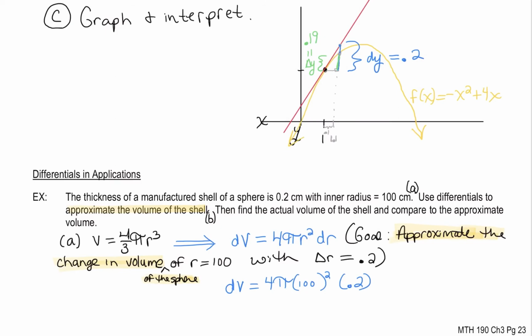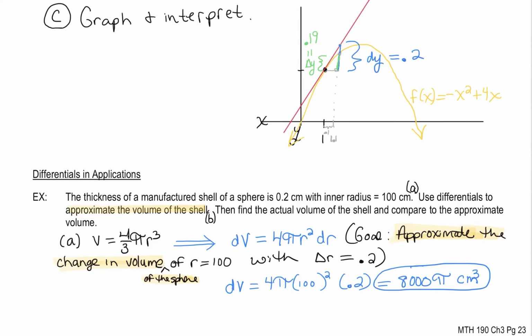If we multiply out the 100 squared times the 4 and then times the 2/10, that gives us 8,000, and then we still have our pi. This would be in terms of cubic centimeters because it is a volume. So this would be our approximation using differentials for the volume of just that outer shell of the sphere.